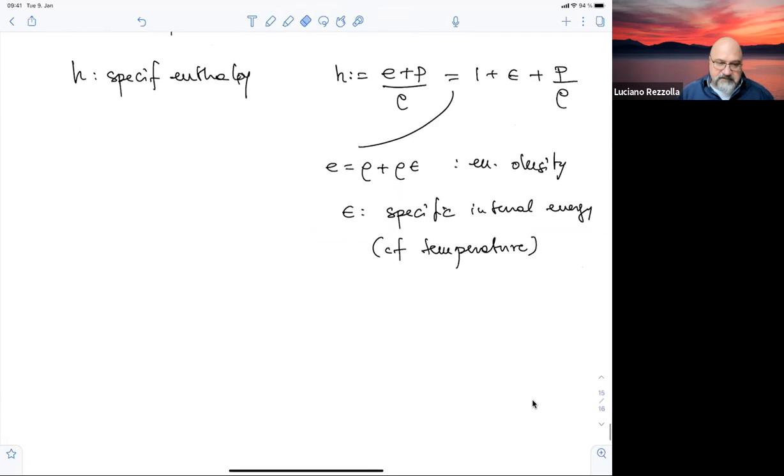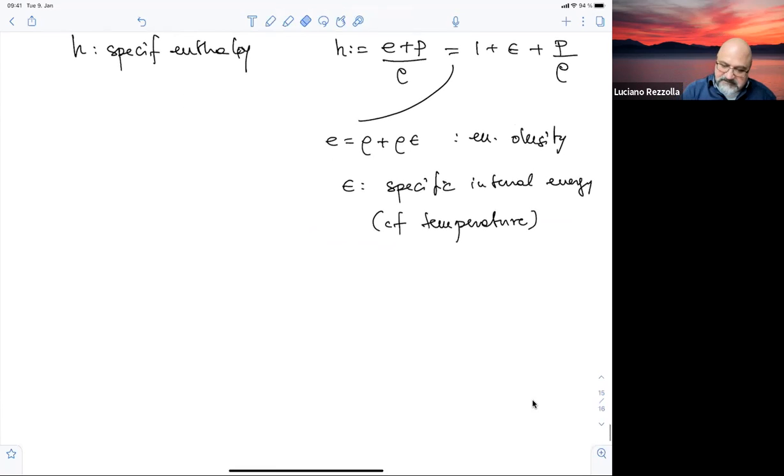So let's calculate what this quantity is. Let's calculate h·∇T = 0.